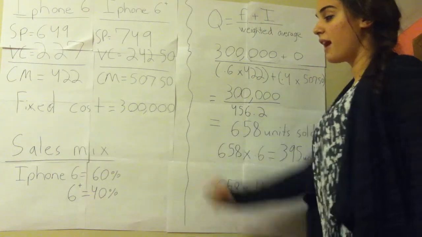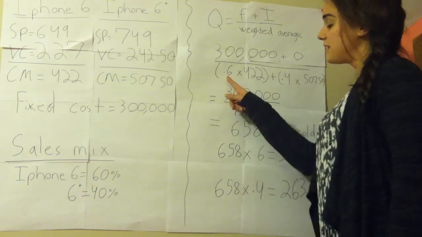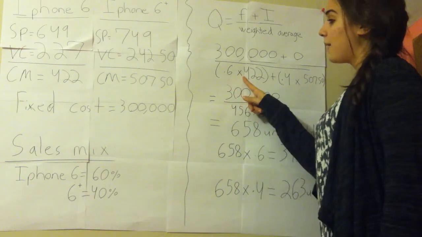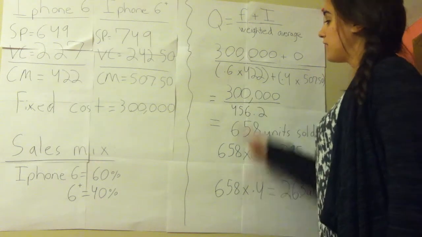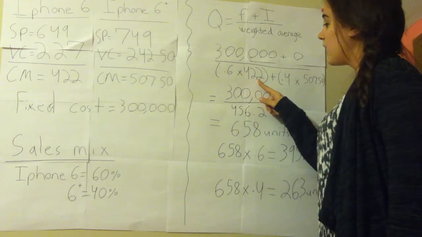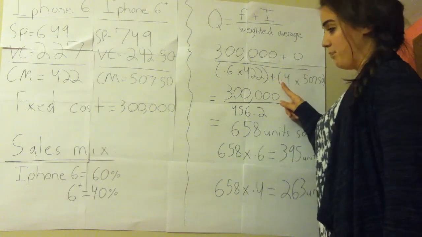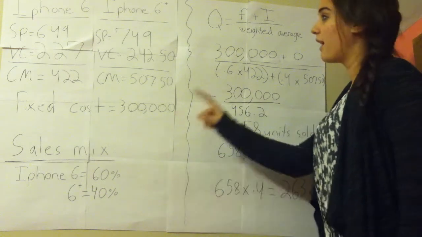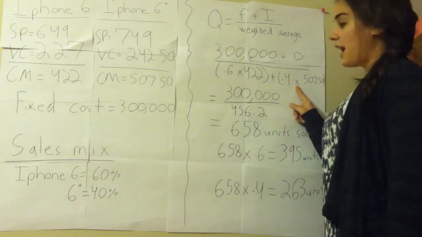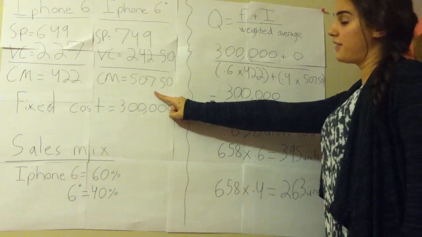the sales mix of the iPhone 6, which was 60% or 0.6, times the unit contribution margin of the iPhone 6, which is $422, plus the 0.4 or 40% sales mix of the 6 Plus, times the unit contribution margin of the 6 Plus.